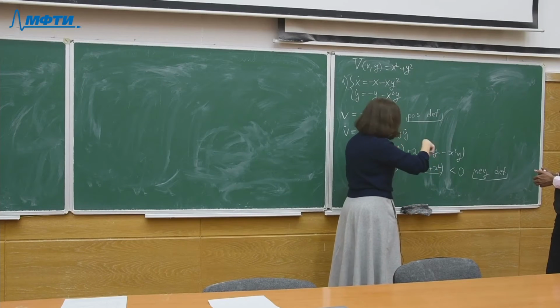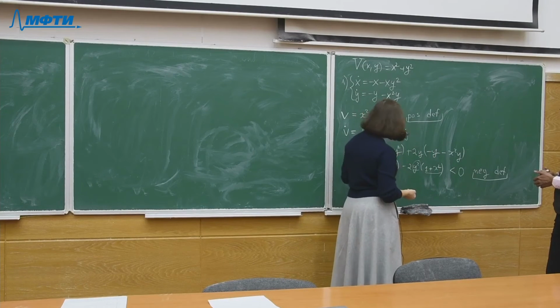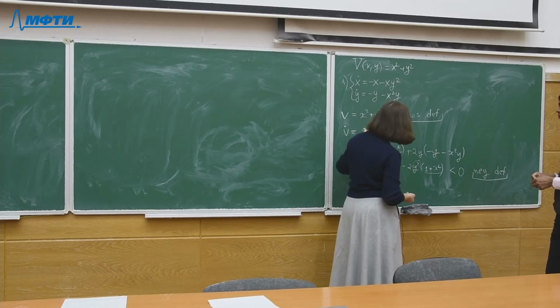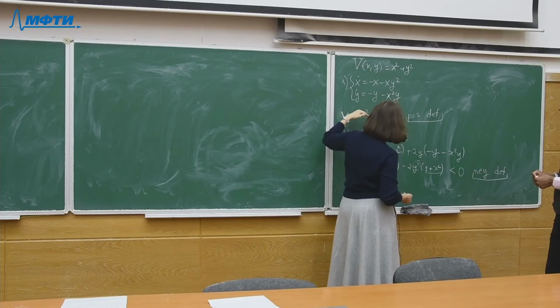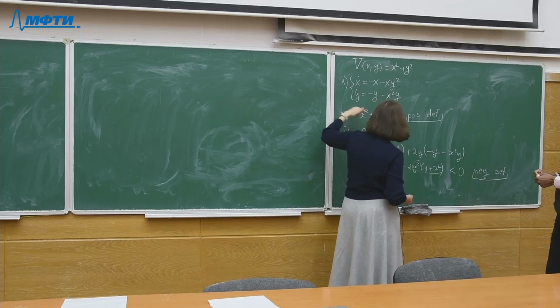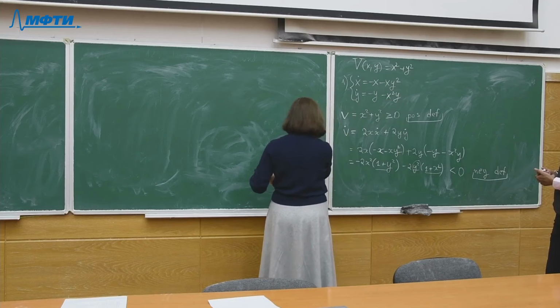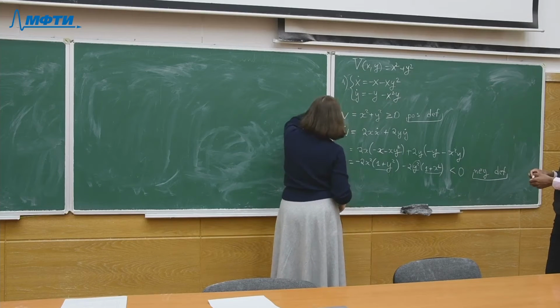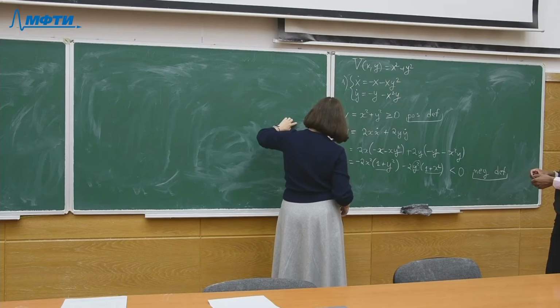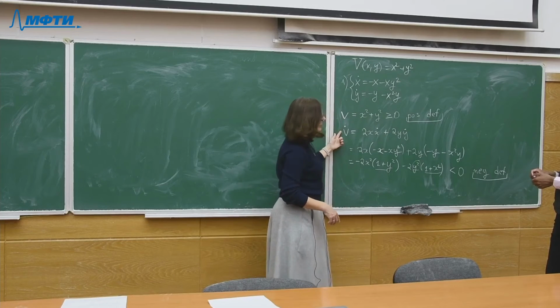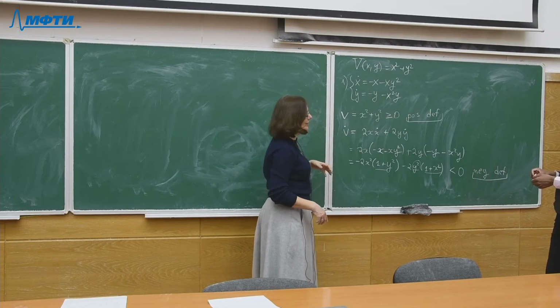If we approach the origin, V must decrease when going to the origin. If the trajectory approaches the origin, V is positive definite and it decreases going to the origin, so V dot must be negative because V is decreasing along the trajectory.